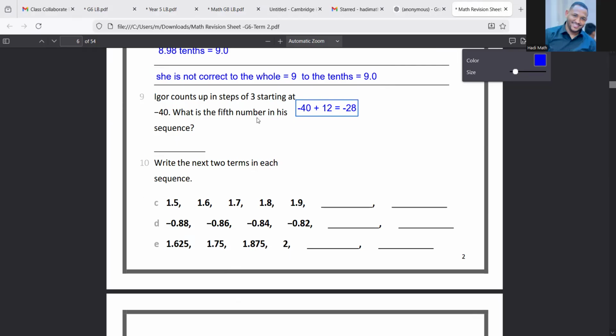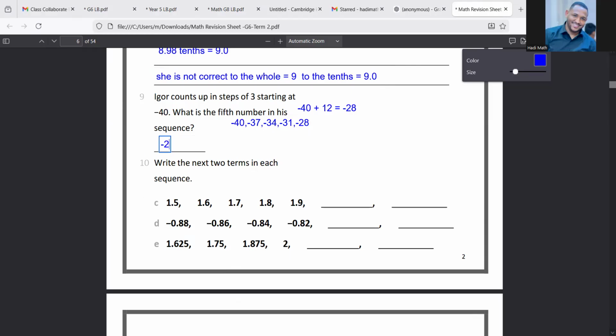Or you can write it this way: -40, then -37, then -34, then -31, then -28. This is the first, second, third, fourth, fifth. So it's going to be -28.